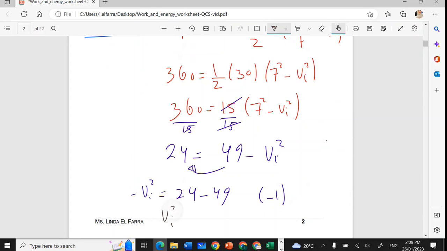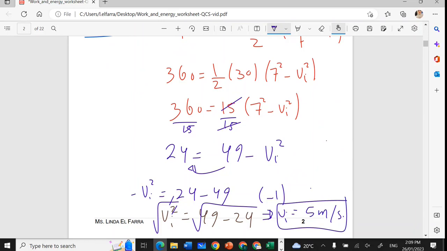So the initial square will equal 49 minus 24. And then take a square root for both sides to find the initial. So the initial will equal 5 meters per second.